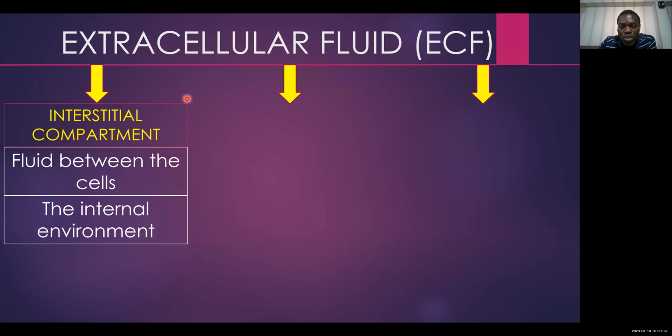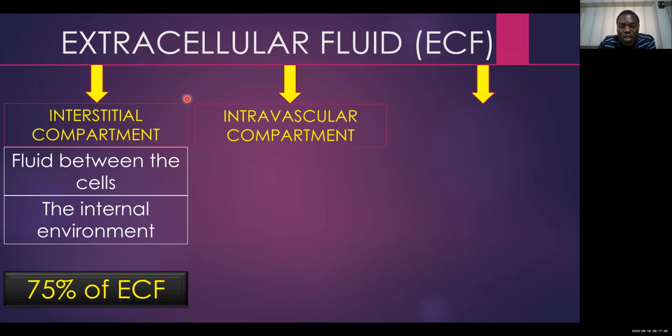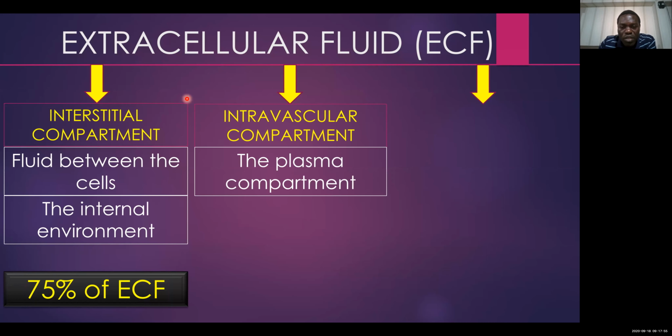It constitutes what we call the internal environment. It makes up 75% of the extracellular fluid. We've mentioned another compartment being called intravascular compartment. We've said this is the fluid within blood vessels, so we call it plasma. And it contributes 20% of the extracellular fluid.